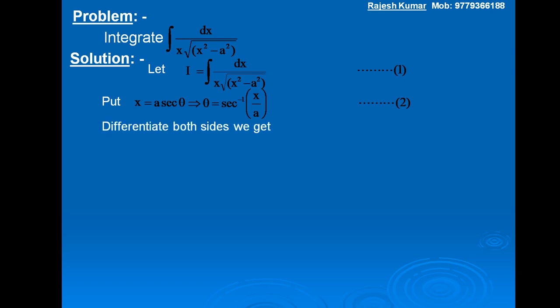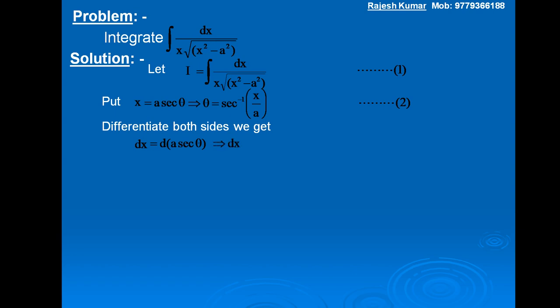Now differentiate both sides. So we get dx is equal to derivative of a secant theta. Now as a is constant, so we can take it out in the right hand side.